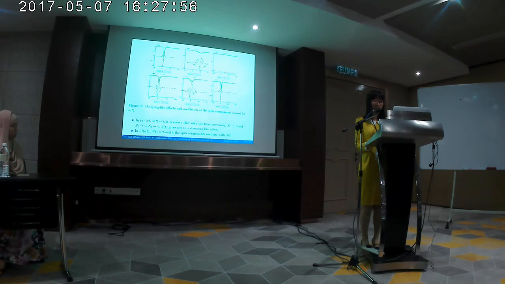Beta t gives rise to a damping-like effect here. And in figures D, E, F, beta t is a time periodic function. The spin components oscillate with beta t. This also verifies the last result.